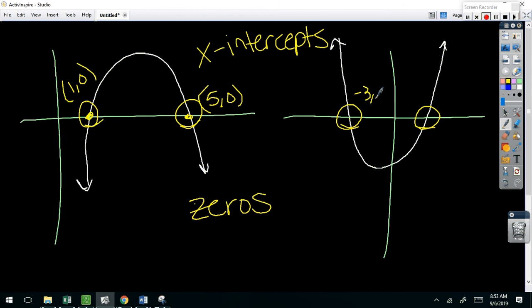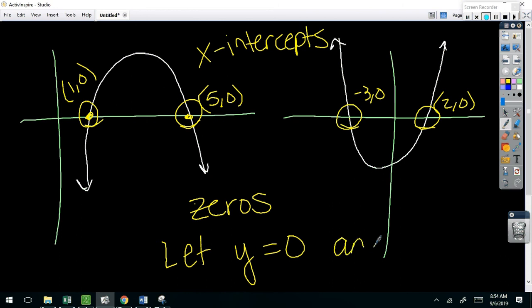This might be -3, 0. This might be 2, 0. But every place it crosses the x-axis, y equals 0, right? So algebraically, if we want to find the zeros, we let y equal 0 and solve. Does that make sense? Why? Because every time y equals 0, it's crossing the x-axis. That's what it has to do, right?